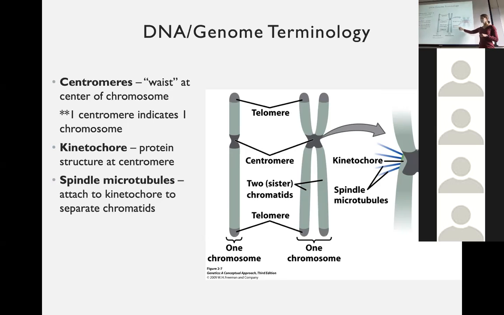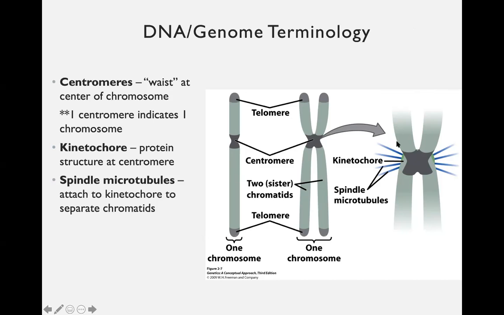So these spindle microtubules, which are just basically strands of protein, are going to attach to the kinetochore, also made of protein. And these spindle microtubules are what's going to pull that X apart, pull the chromosome apart into two separate chromatids during mitosis, during the splitting of the cell.